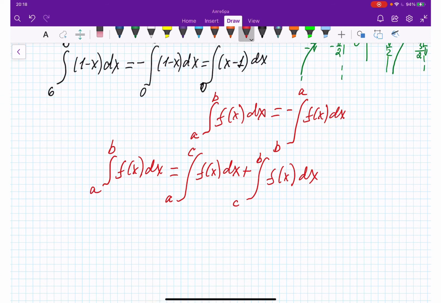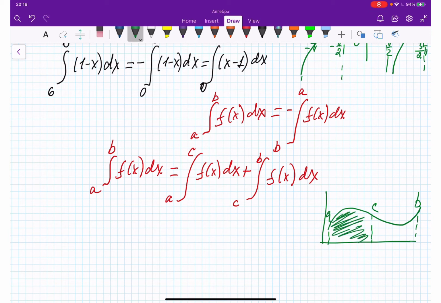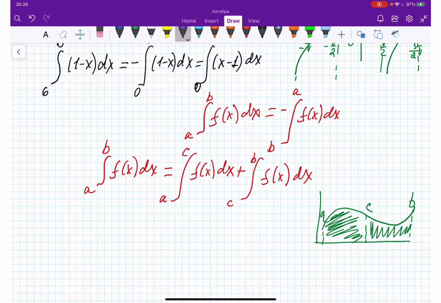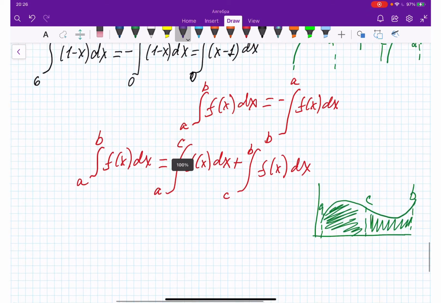That means if I have, let's say, this area, with this being my A and this being my B, sometimes it's easier to break it down into two integrals at this point C, which is integration between A and C, and then integration between C and B. Let's solve a couple of basic examples.